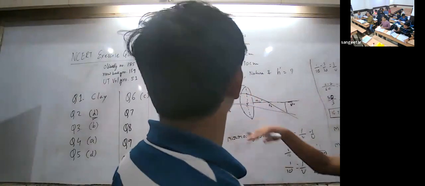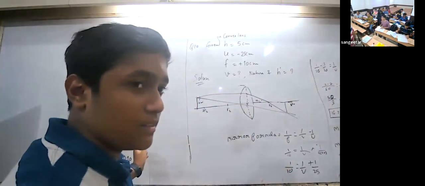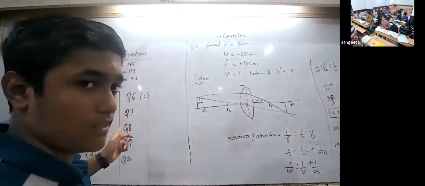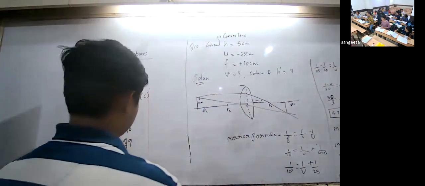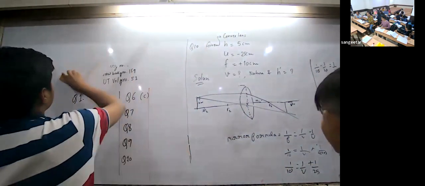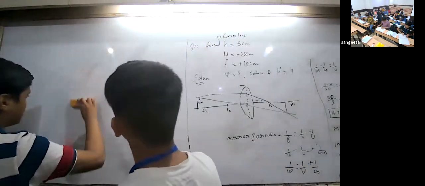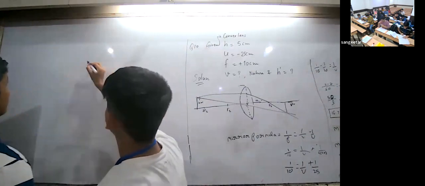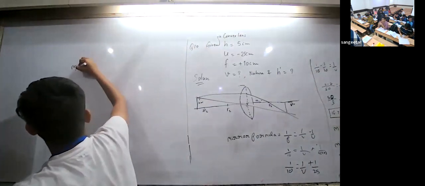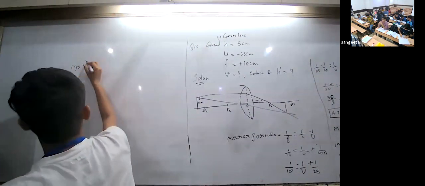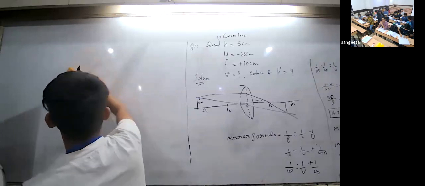One second. You want to come this side? Okay, erase the full thing. See, this is 1/v minus 1/u. First write properly, otherwise you yourself will not understand.